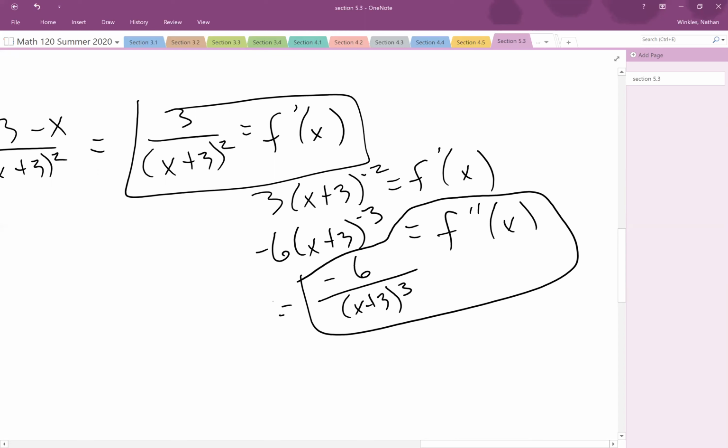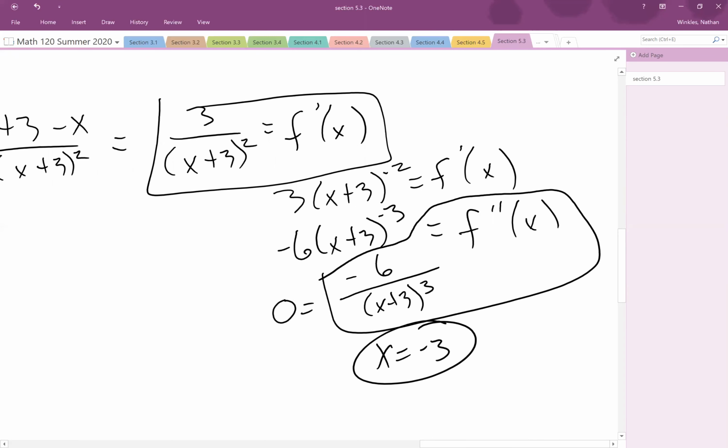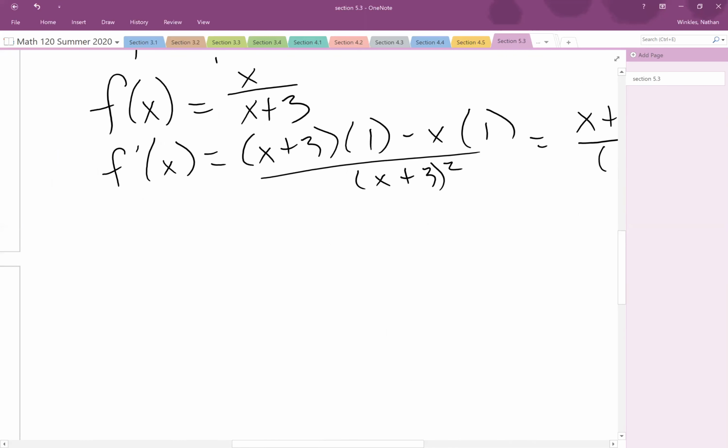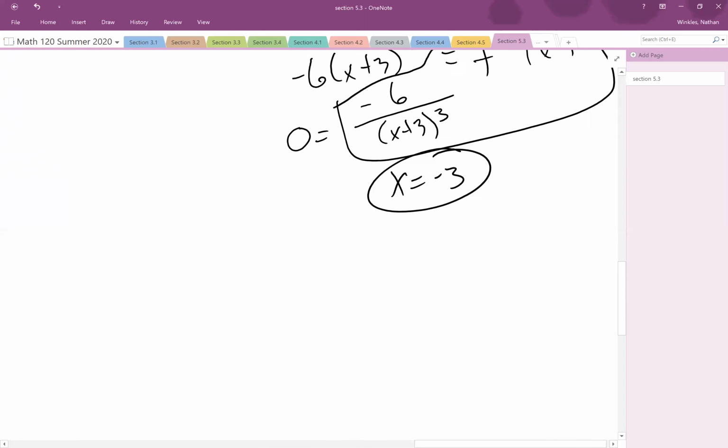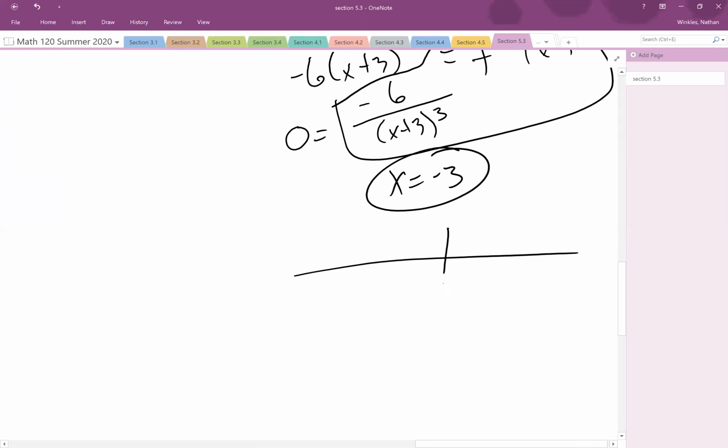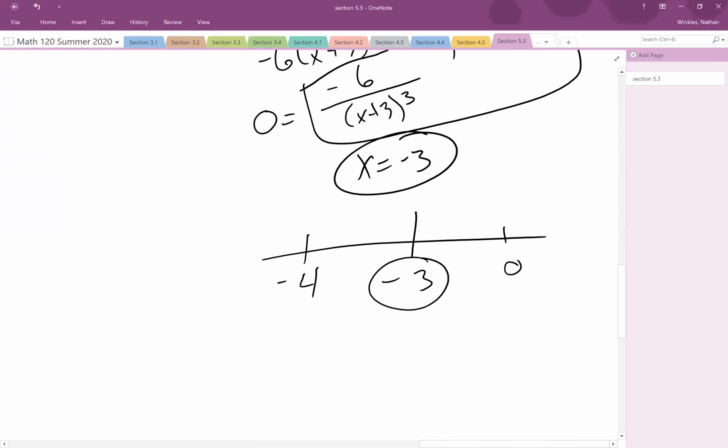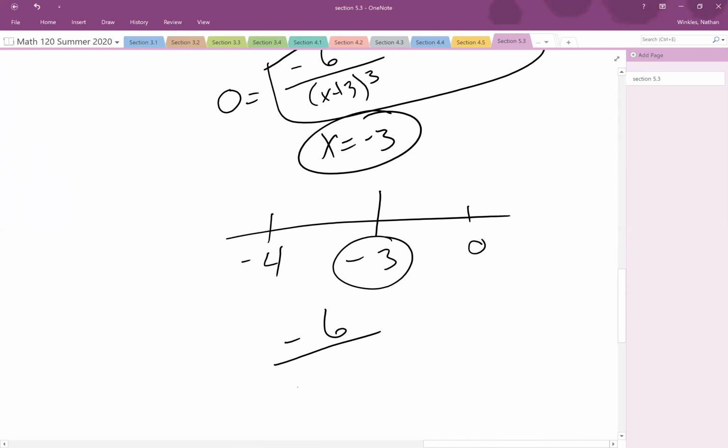So setting this equal to 0, the only place we get is from our denominator, which is x equals negative 3. Negative 3 is not in our domain, therefore it does not exist there. So we could figure out concavity. So for negative 3, you could plug in 0, you could plug in negative 4. So negative 6 over (negative 4 plus 3) cubed, and then negative 6 over (0 plus 3) cubed.